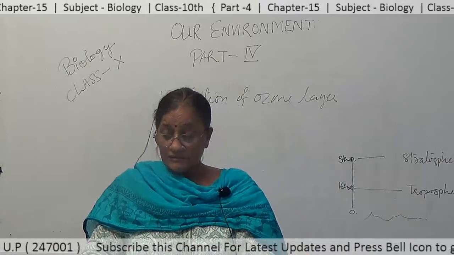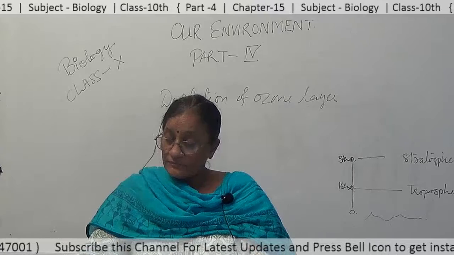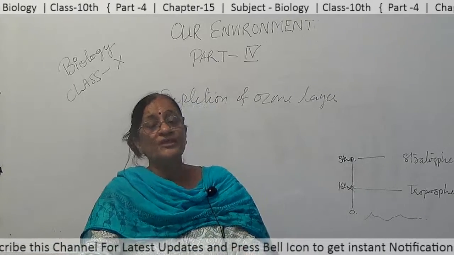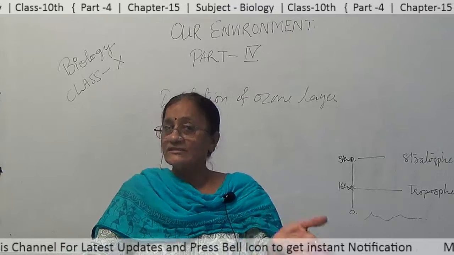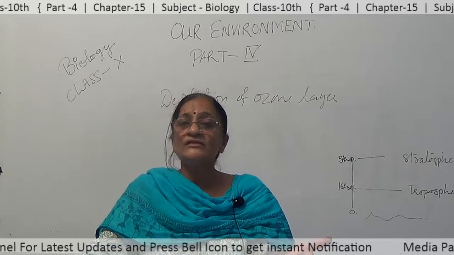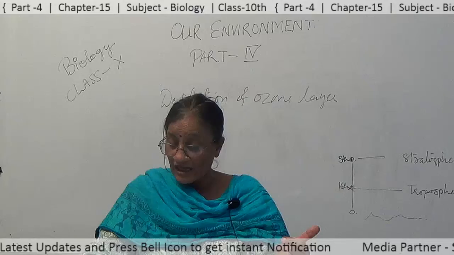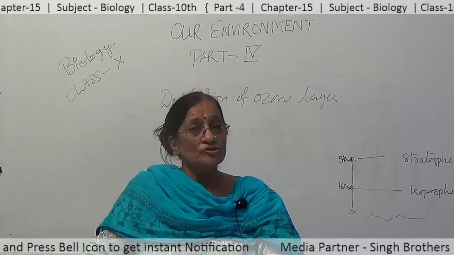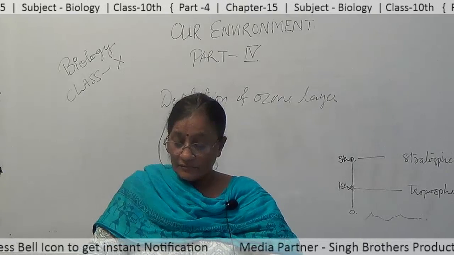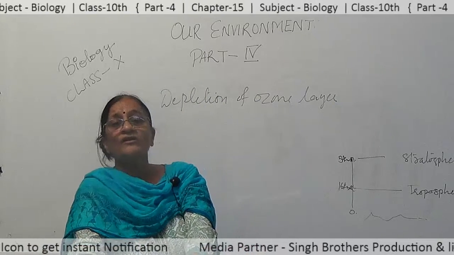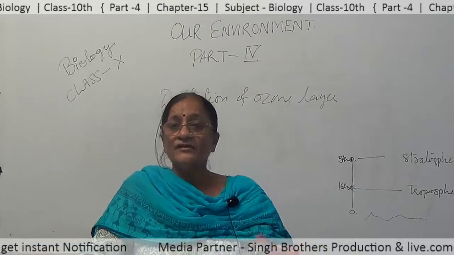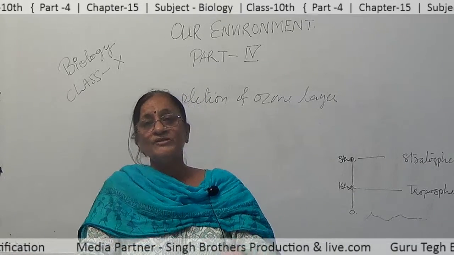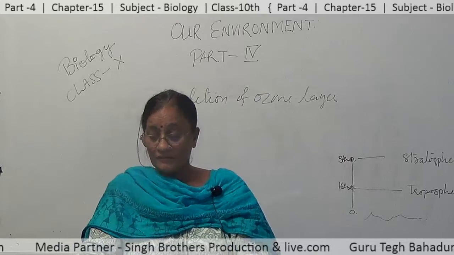Now, life on earth would not be possible without this layer. The ozonosphere is responsible for life on earth, because without the ozone layer, ultraviolet radiation that comes from the sun cannot be stopped.